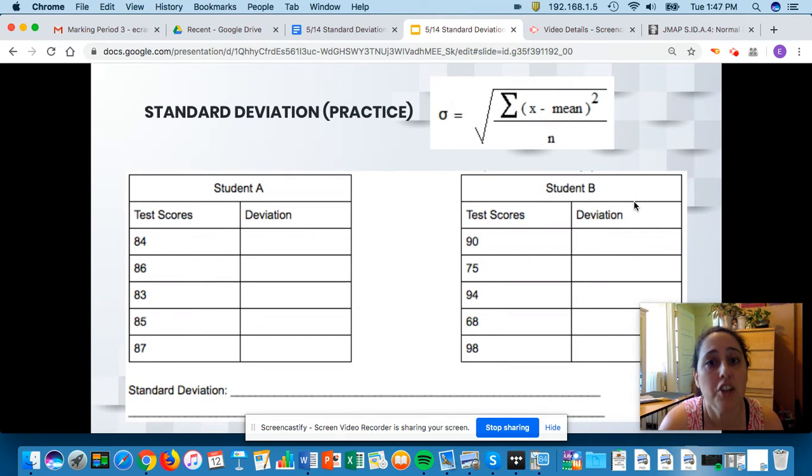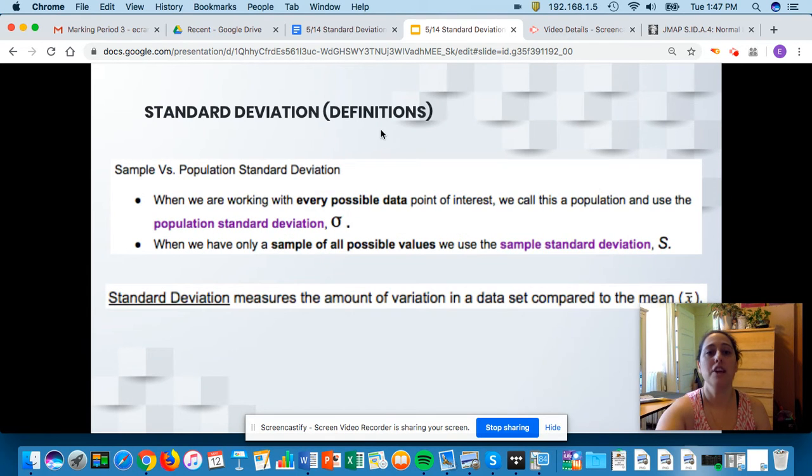All right, so here's the example. I forgot to say, so both of these, the population standard deviation is done exactly in the same way that a sample standard deviation is done. The difference is the sample has this S and the population has the theta. Now the population is the entire thing.